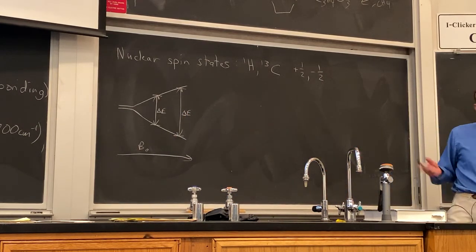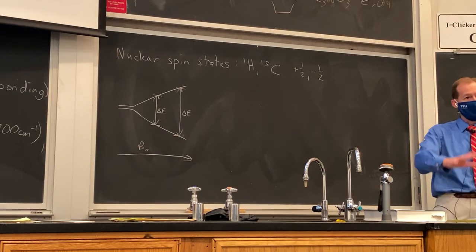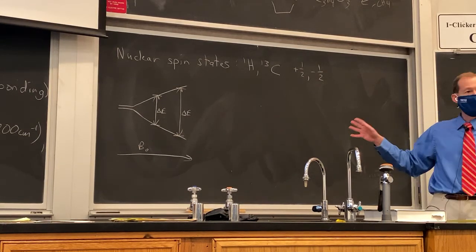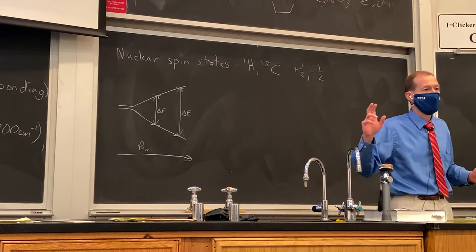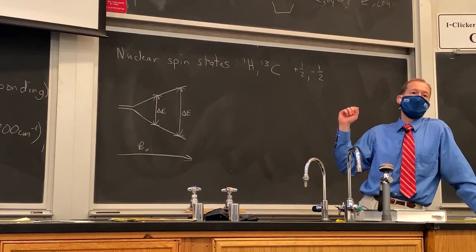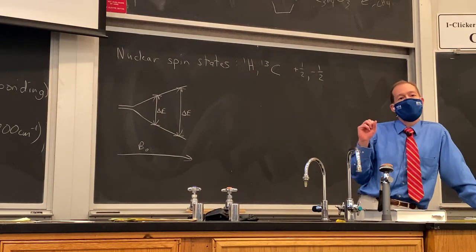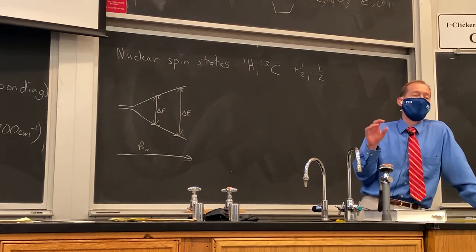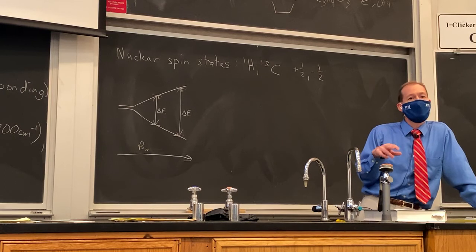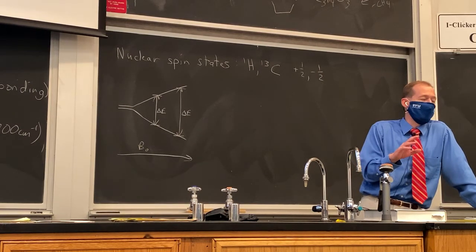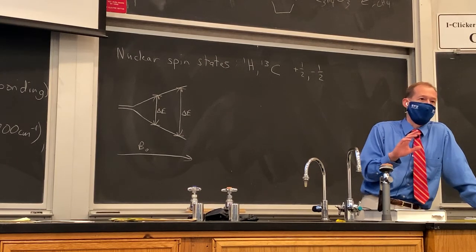So if we have the magnetic field strength such that the difference in energy is equivalent to the energy of photons in the radio frequency region of the spectrum, and we irradiate our molecule with radio waves of that frequency, that will cause the lower energy nuclei to undergo a process called spin flipping.